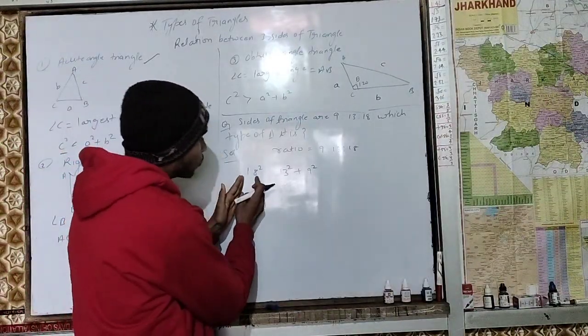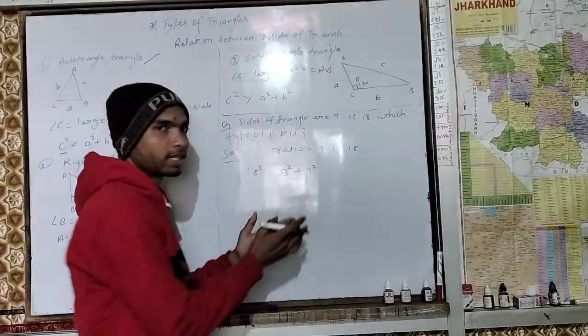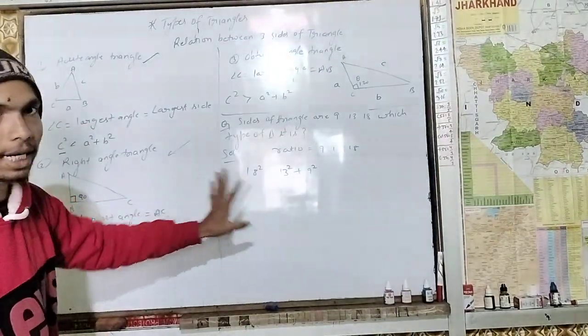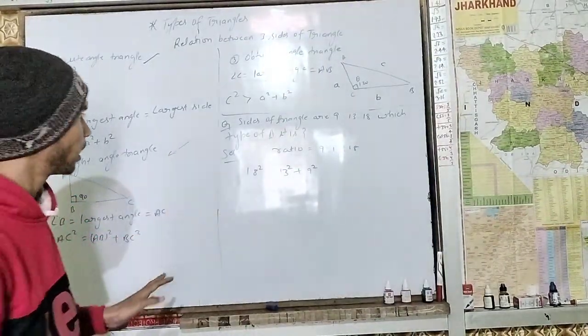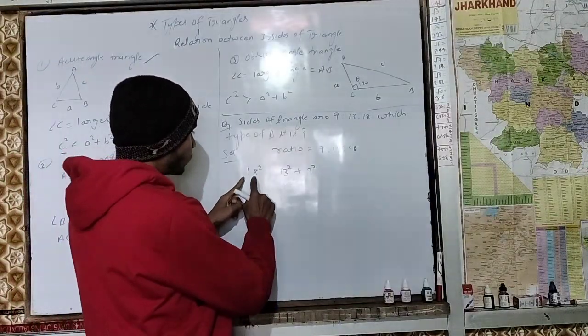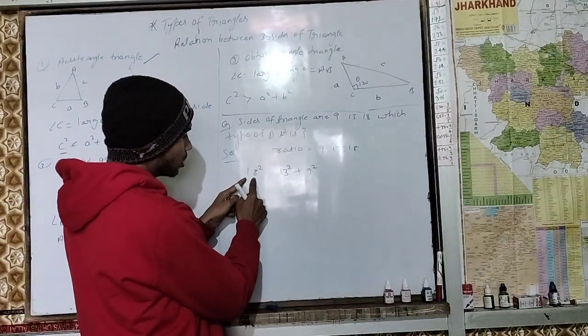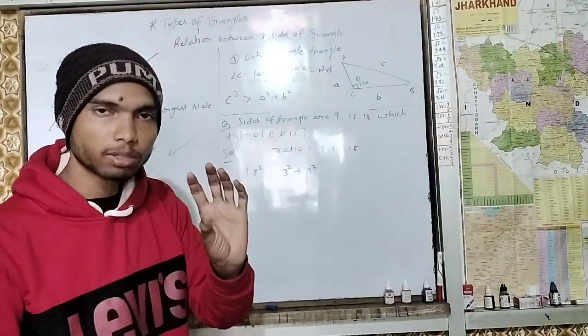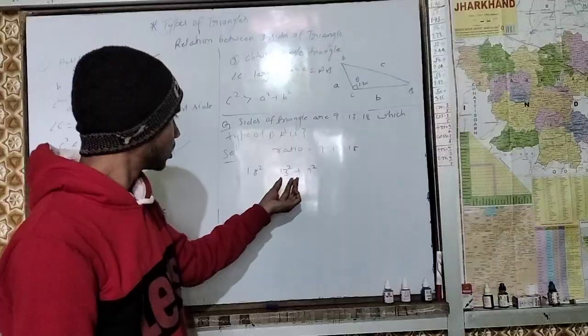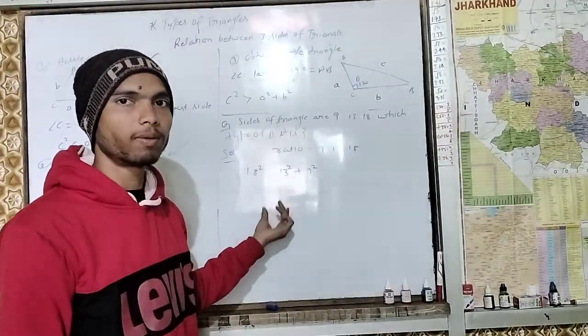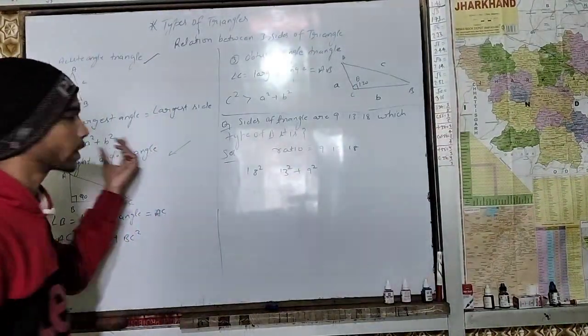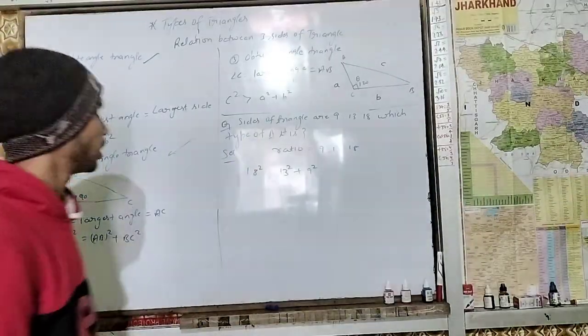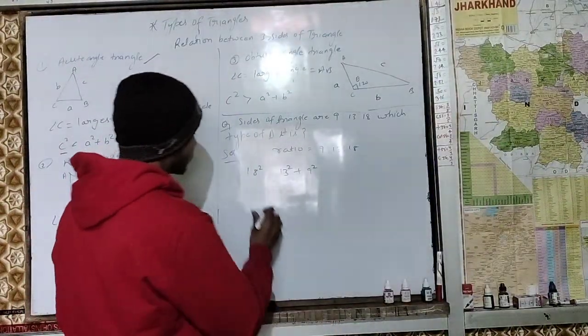If this one becomes equal to this, we will say this is a right angle triangle. After simplifying, if 18 raised to power 2 comes as a smaller number than this, then we will consider it an acute angle triangle. Okay, let's simplify.